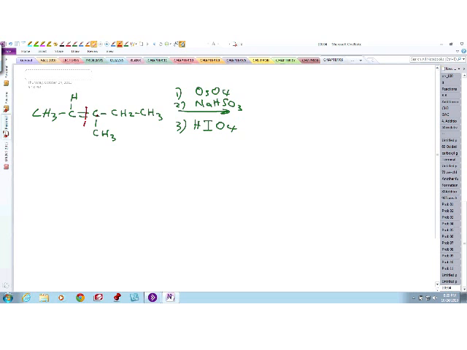And this carbon becomes the carbonyl of a ketone. So we have this. On the other hand, supposing we just give you this.